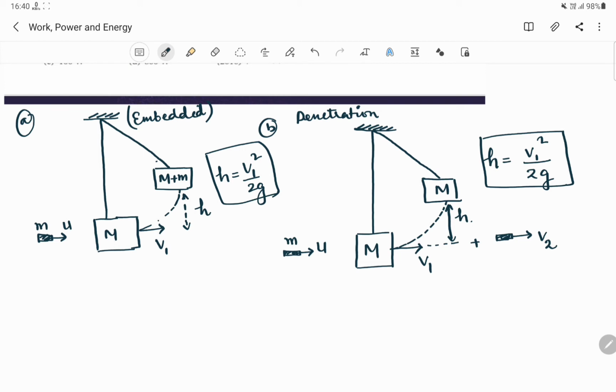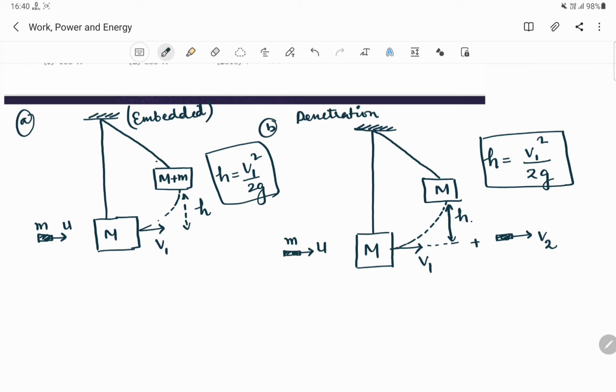Case number 1 is that the bullet cannot penetrate this wooden block, and as a result of its momentum, the bullet will get stuck inside the wooden block, and these two will move together as one single system and rise up to a height h, and the height is to be found out.